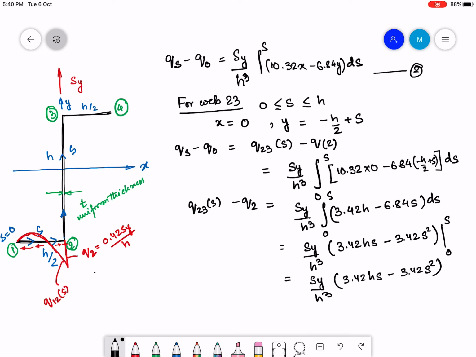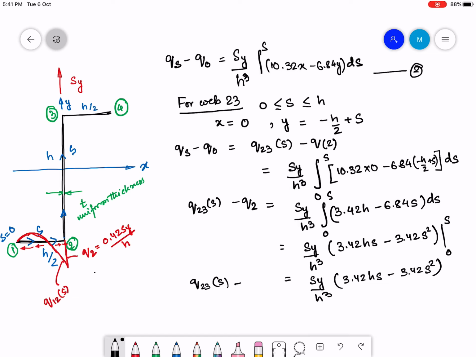Of course I always suggest that you do it for yourself and figure out whether this is correct or not. Therefore this is going to be Q23(S) minus Q2.